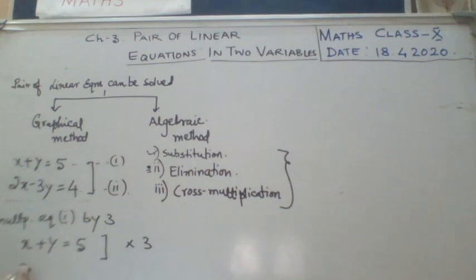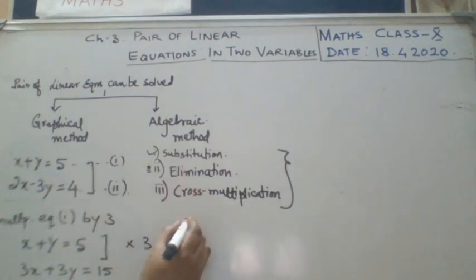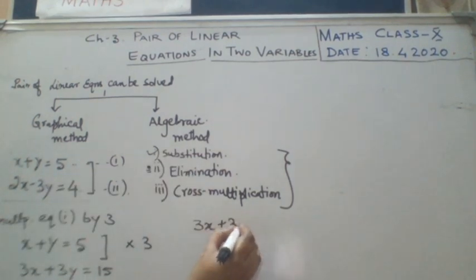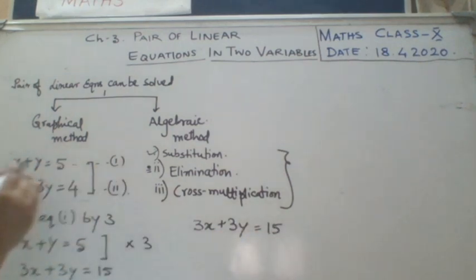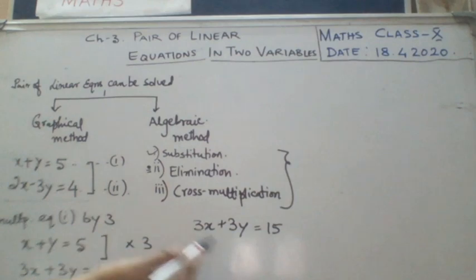You get 3x plus 3y equal to 15. This is 3x plus 3y equal to 15 that you have got after multiplying this equation by 3.